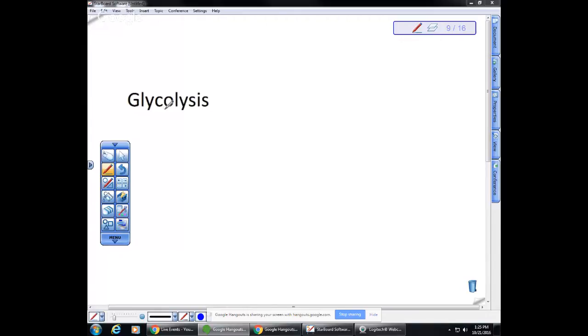So the end product of glycolysis, you should know, would be pyruvate. And there are actually 2 pyruvate molecules produced for every 1 glucose molecule that is broken down. Now, pyruvate could then be converted if oxygen is not present. So this would be under anaerobic conditions.